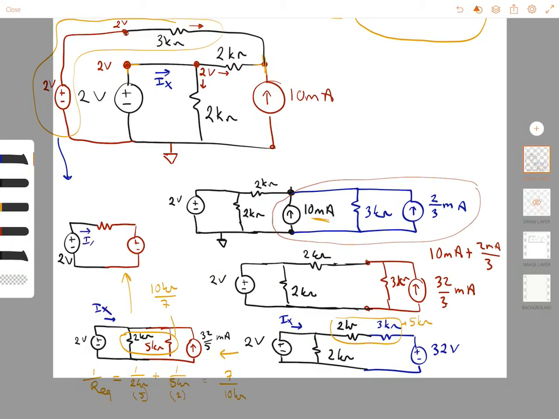Again, this is our question, Ix. The resistor value is 10 kilo ohms over 7. And then the voltage supply value is going to be what? We have to multiply 10 kilo ohms divided by 7 with 32 divided by 5. That gets us 64 over 7.